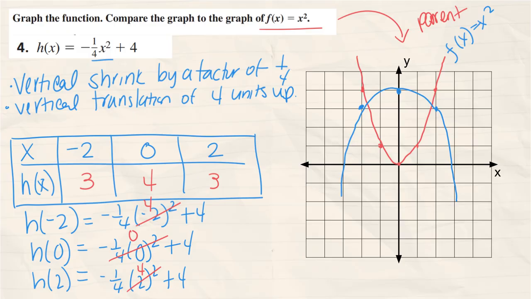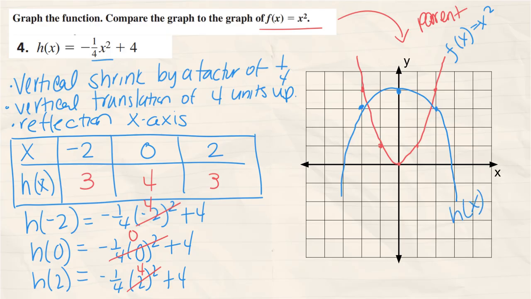So I know that it's a vertical shrink. We already know it's a vertical shrink by a factor of 1/4. It's a reflection also in the x-axis, right? What else can we see? It's a vertical translation 4 units up from the graph of f of x, right? This is h of x, correct?